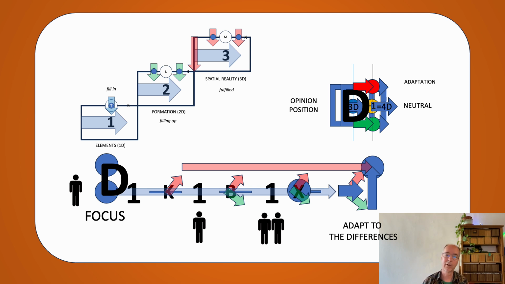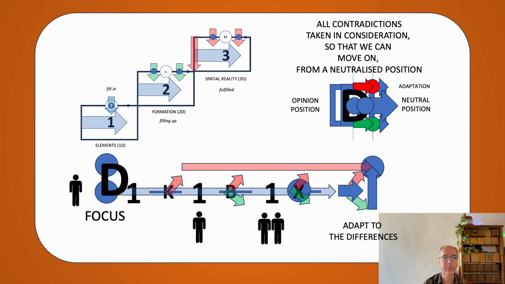So we have a continuation of our own thoughts, but we also deal with other thoughts. All contradictions are taken into consideration so that we can move on. And we continue to do so from something that works, so that it should also keep a neutral common position.